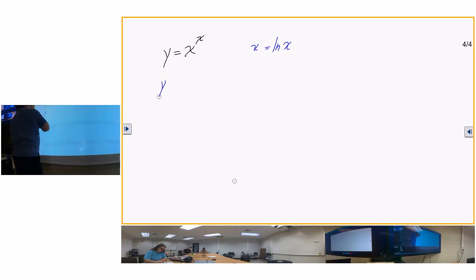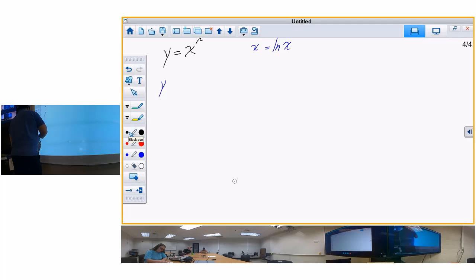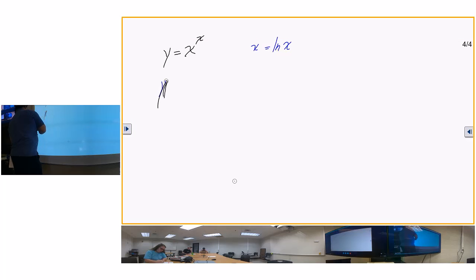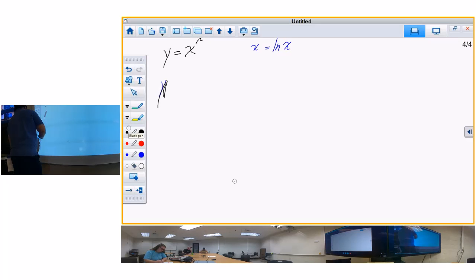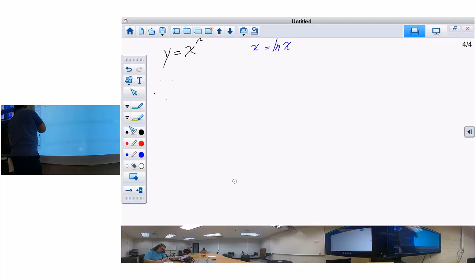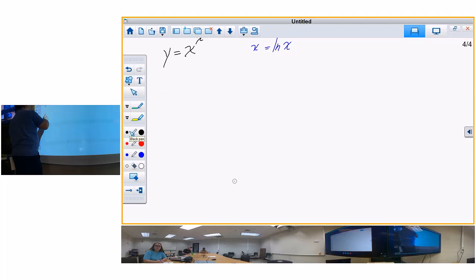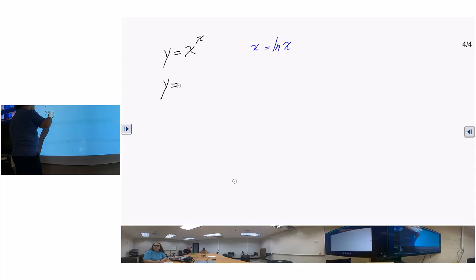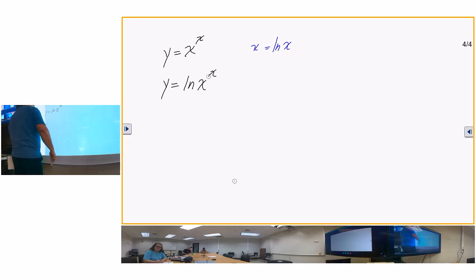So y is equal to the natural log of x raised to the what? x power. Now, bring the x out in front and take the derivative.